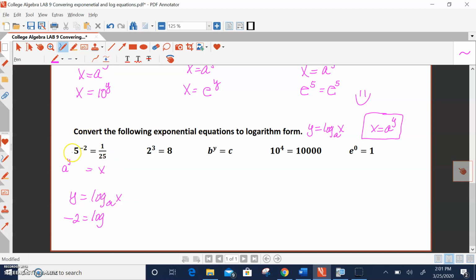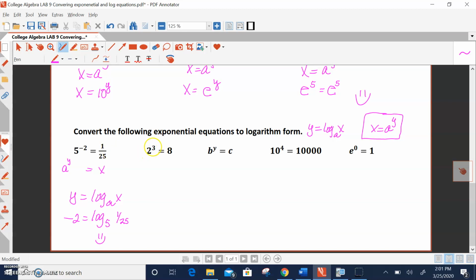What's the base up here? Well, the 5, because it's raised to a power. So it'll be log base 5. And then what's in the x position? The x is in the 1/25 position. There we go. So we took an exponent, converted it to a log.